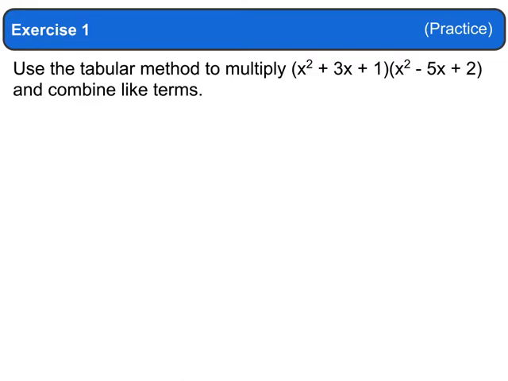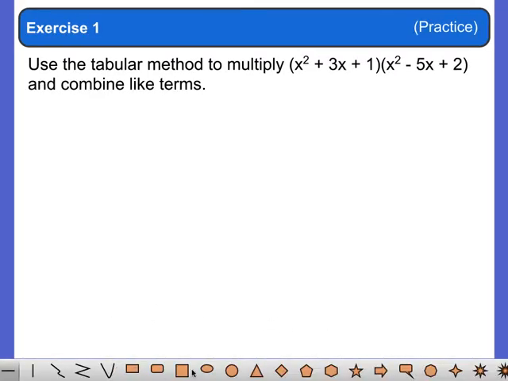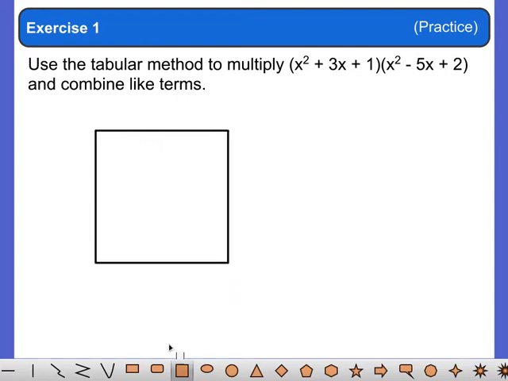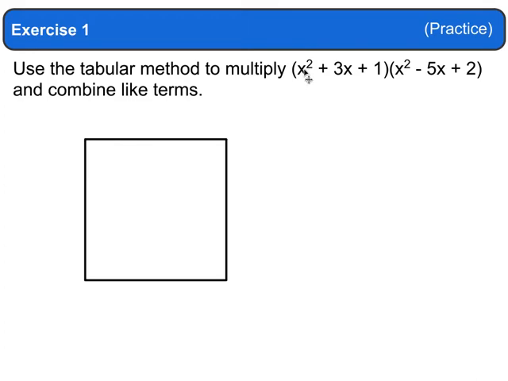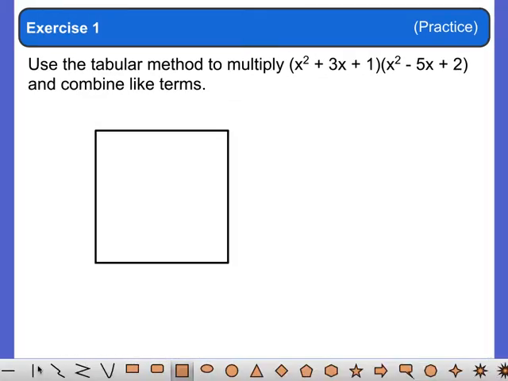So to solve this one, I would start by putting in a table or a box. So I'll draw a little bit of a larger box this time, because if you notice, we've got 1, 2, 3 terms and 1, 2, 3 terms. So I want to save myself enough space to be able to draw this. So I'm going to put a line here and put a line here.